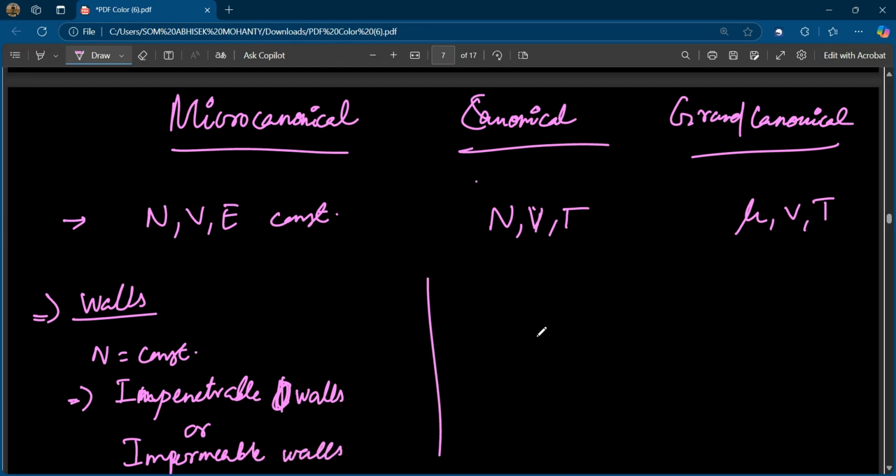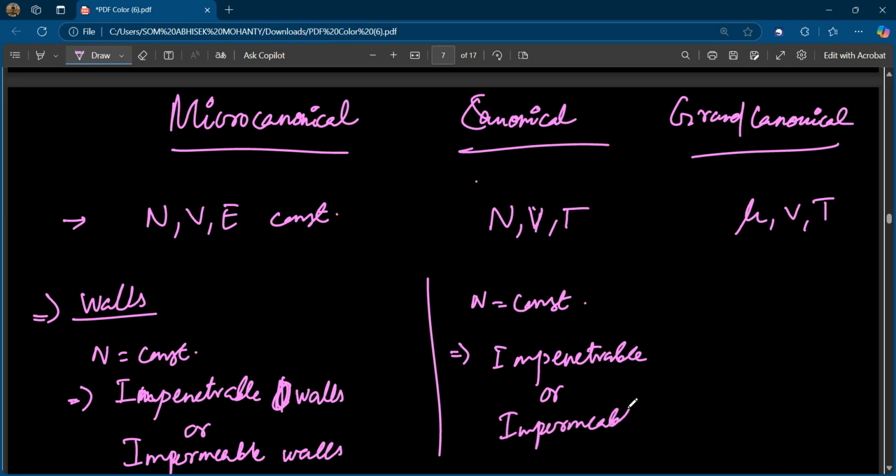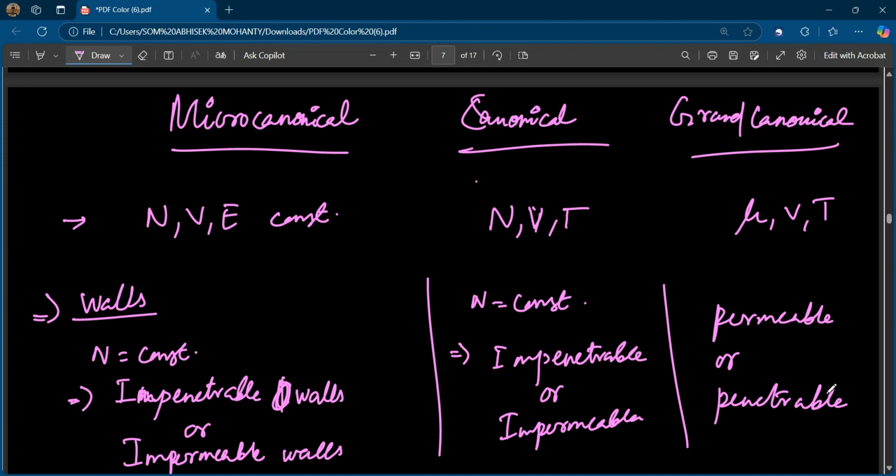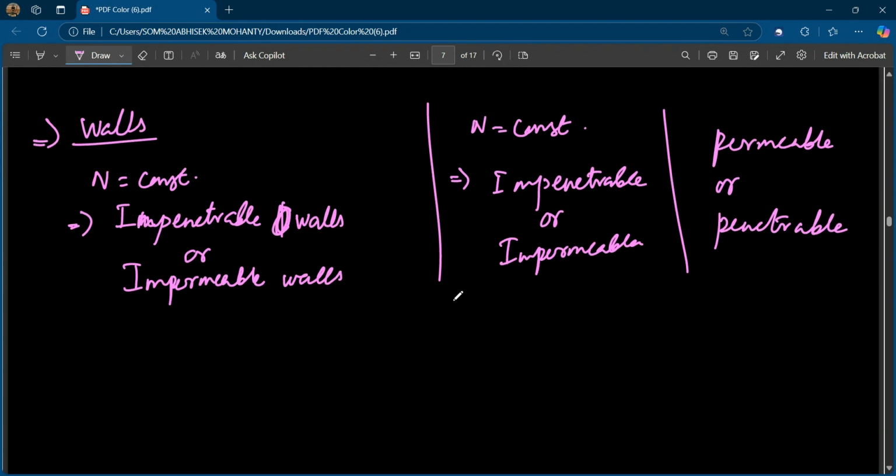For grand canonical, N is not constant, so particles change in the system, and the walls are permeable or penetrable.